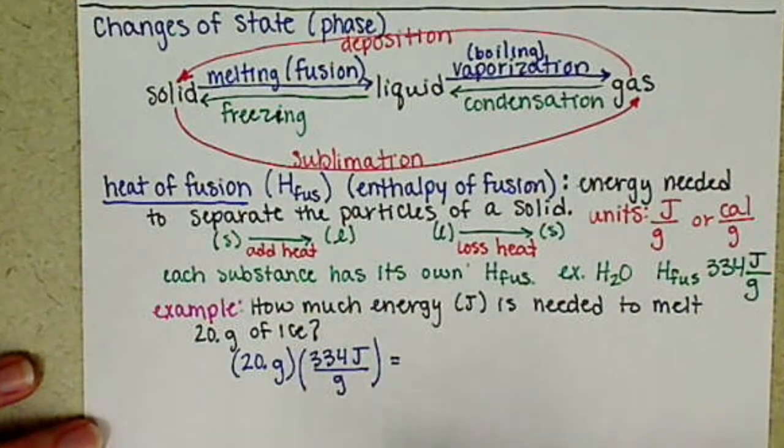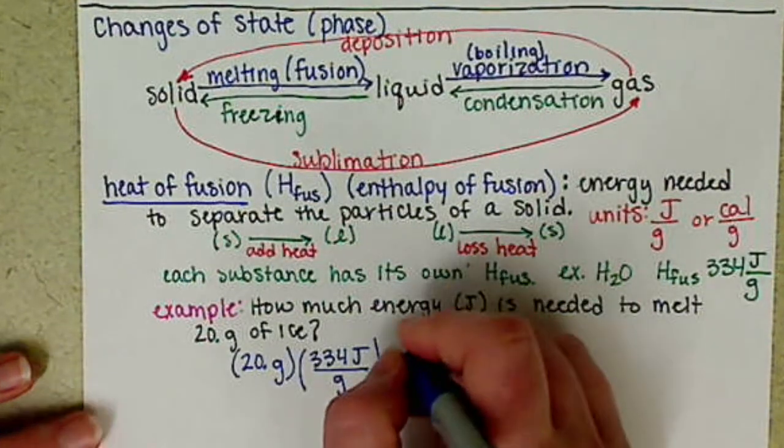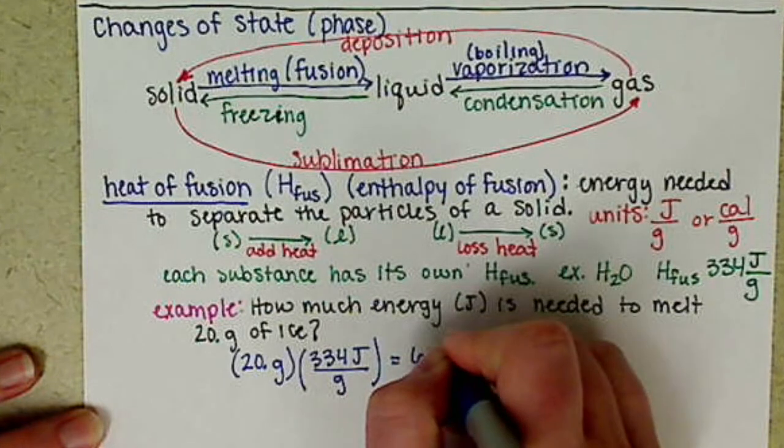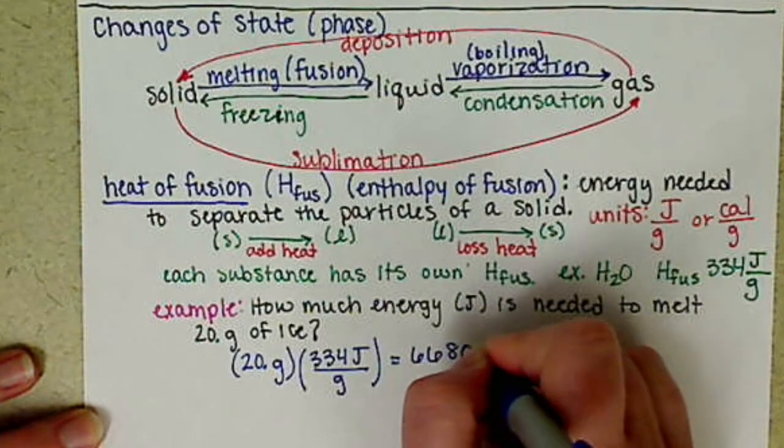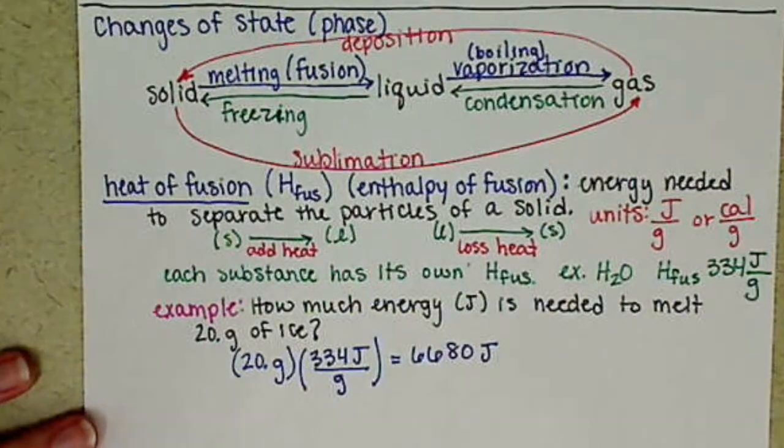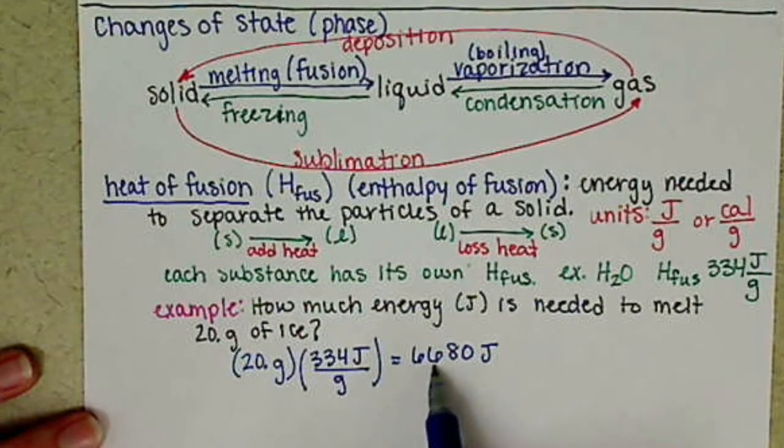Our grams cancel. We have 20 times 334, which is 6,680 joules. So that's how much energy it's going to take to melt 20 grams of ice.